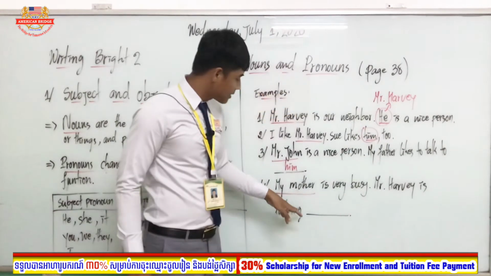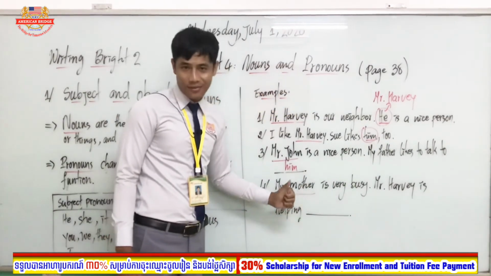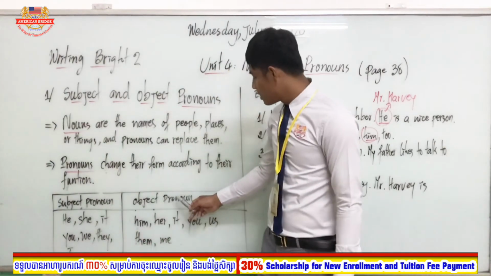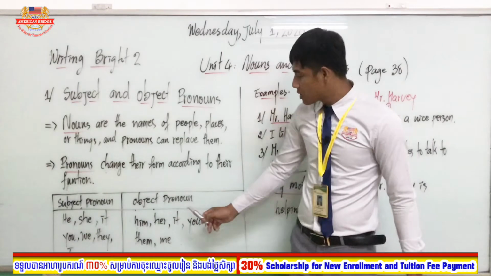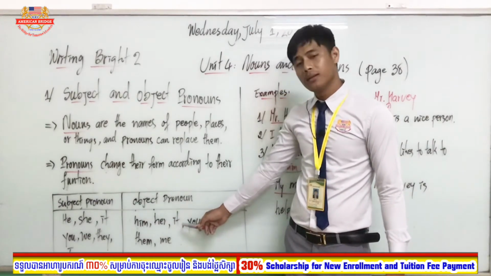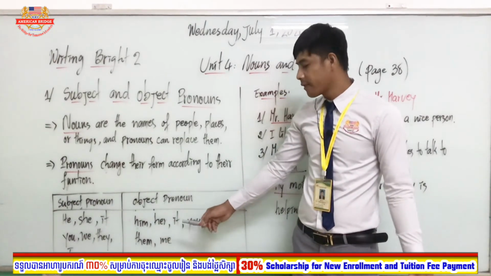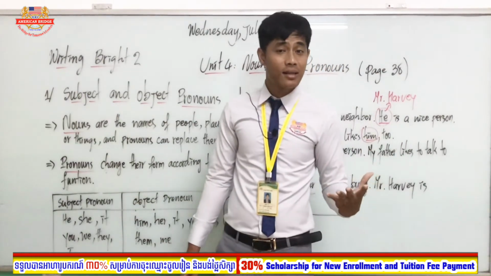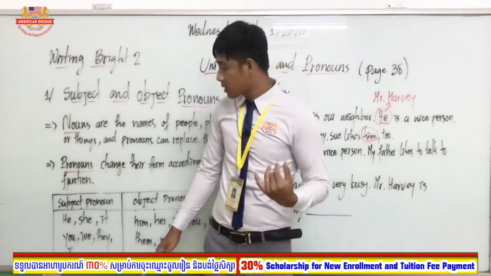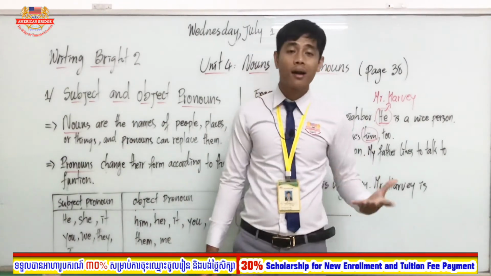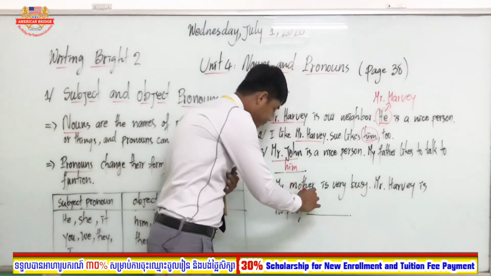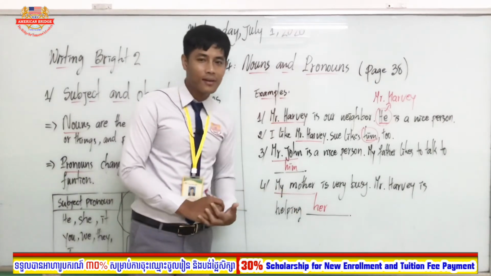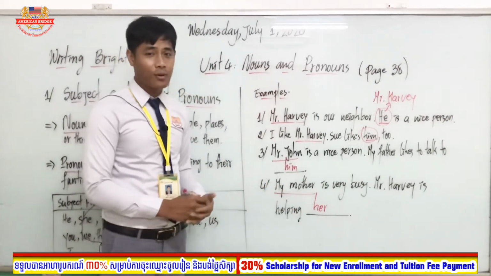Okay, so let's see this. This is an object, right? Object or subject? Object. So this is an object, so we use an object pronoun. For my mother, should we use him, her, it, you, us, them, or me, everyone? My mother is a girl, right? So for a girl, we use her, right? Good. Her. That's all. You understand, everyone?